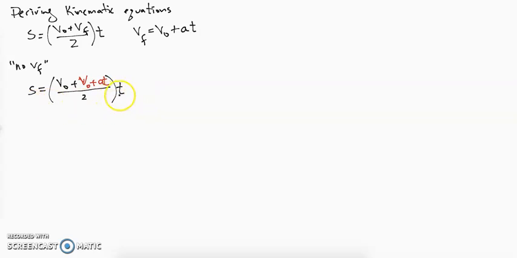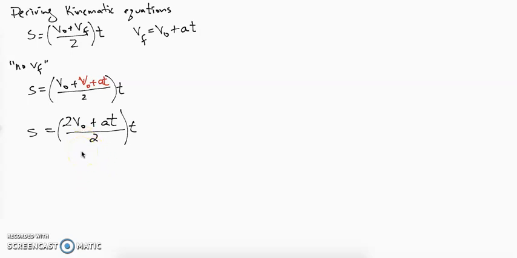Now this is not a very friendly equation to use, so let's do a little bit of algebra to clean it up. We have a VO here and another VO here, so that's two VOs. And we still have an A times the time, and it's still all over a 2, and there's still a T out here, and we're just going to leave that S on the other side.